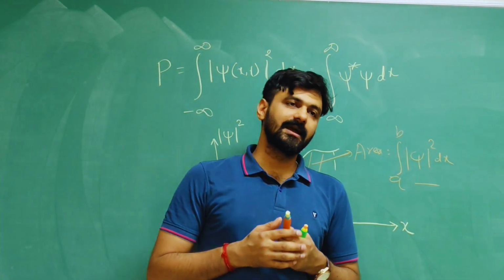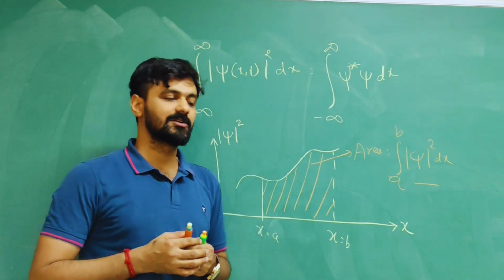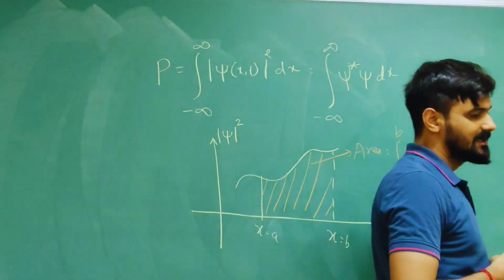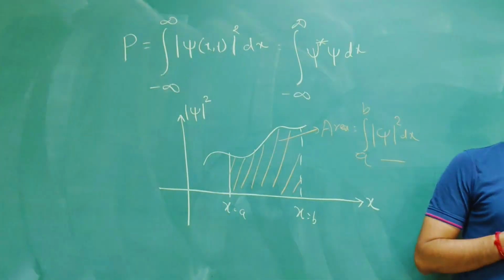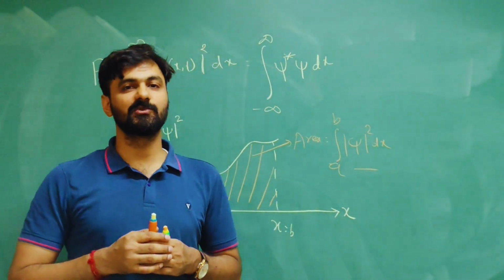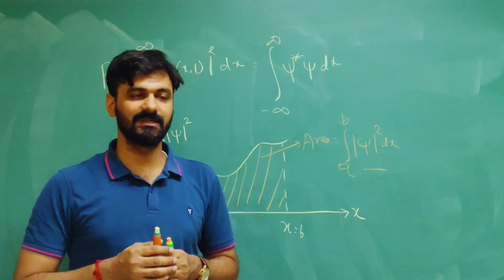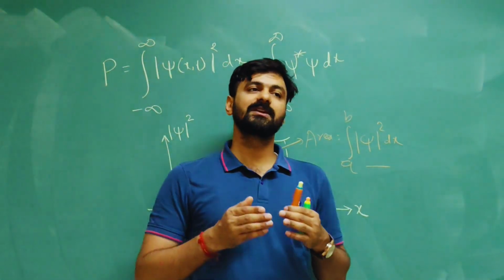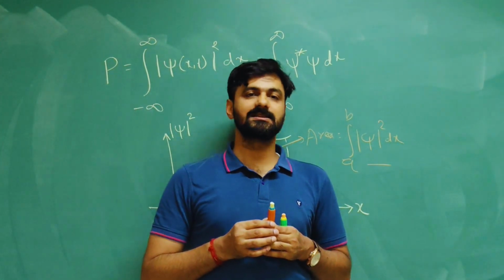So in late 1925, Schrodinger was giving a talk on the de Broglie hypothesis. What the de Broglie hypothesis tells us is that if a particle is in motion, then there is a wave associated with it, right? And the wavelength of that wave is related to the momentum.